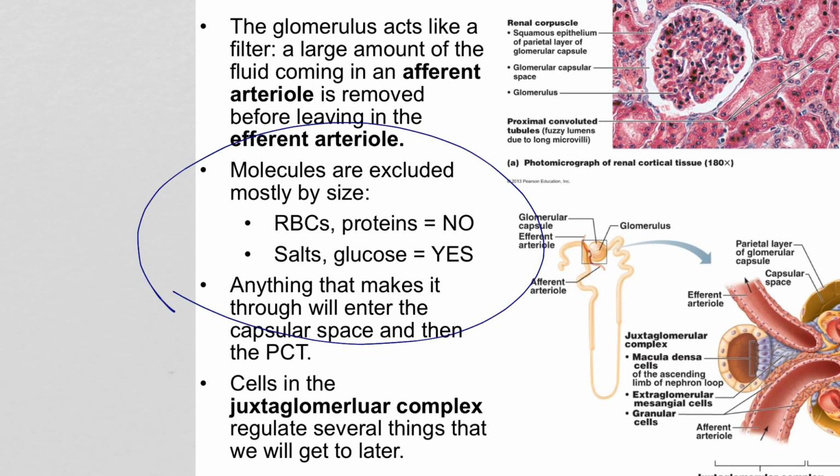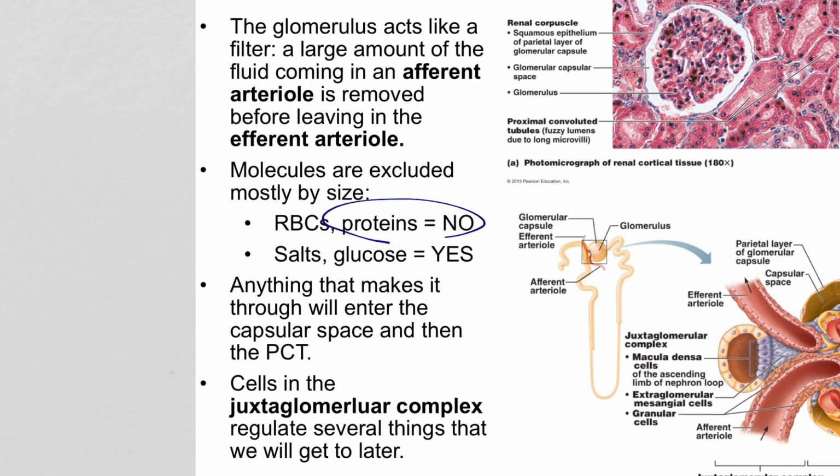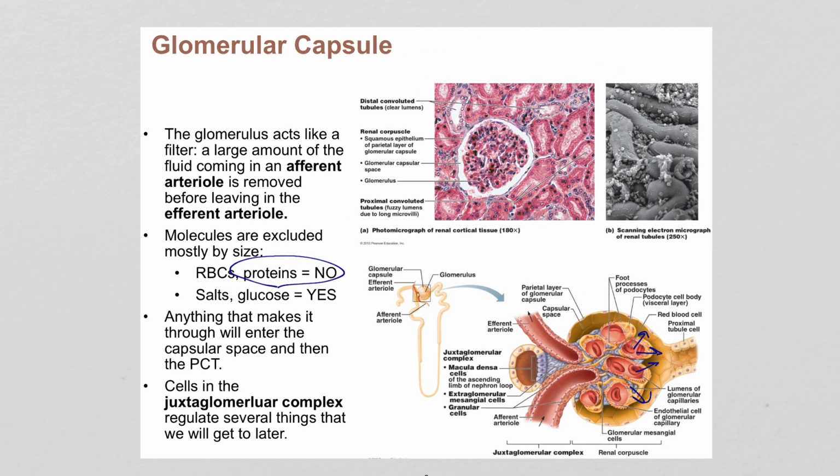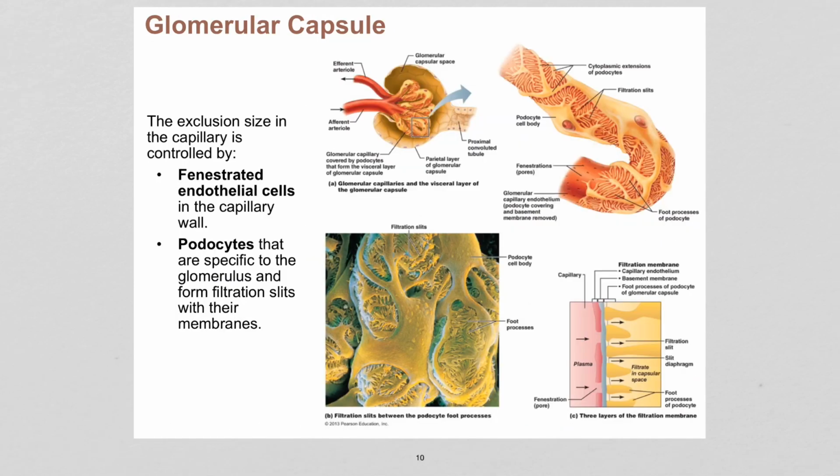Very, very small molecules like glucose and minerals and amino acids get through, and large molecules and whole cells, for the most part, don't. Okay? And so the cutoff line is really like individual amino acids, yes. Whole proteins, no. If somebody has a substantial amount of protein in their urine, that's a sign that they have kidney damage, and those holes have been opened up too large and for some reason, usually due to high blood pressure.